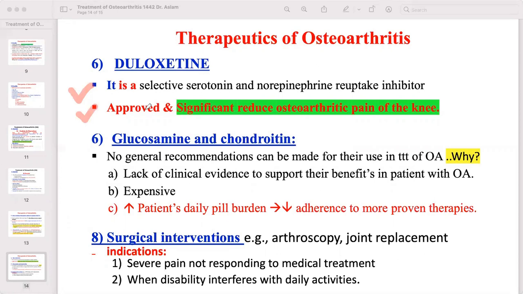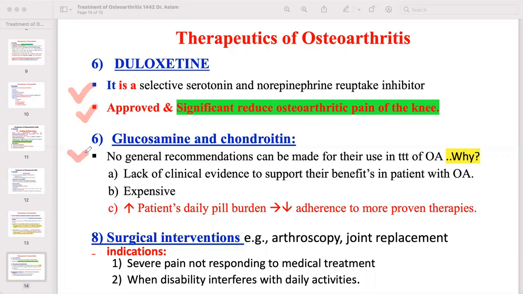Duloxetine is a selective serotonin and norepinephrine reuptake inhibitor, also used in depression therapy, and this role of the neurotransmitter in the management of pain is important to use of duloxetine in osteoarthritis.